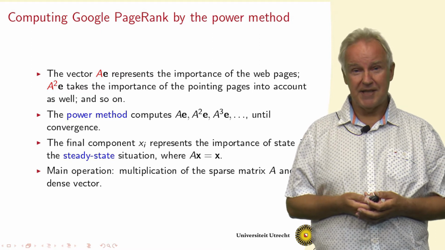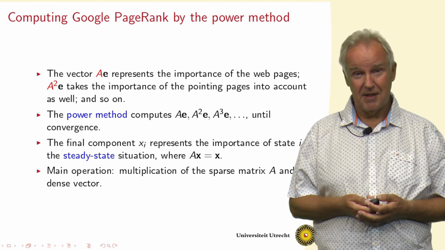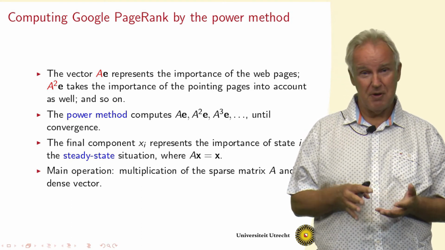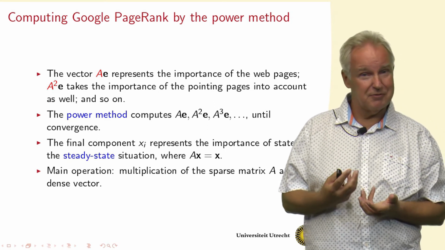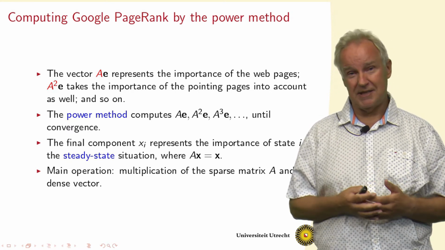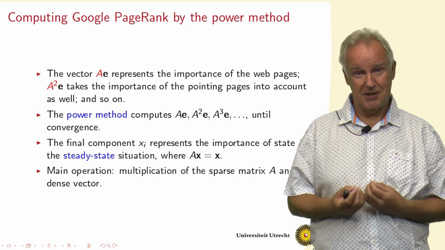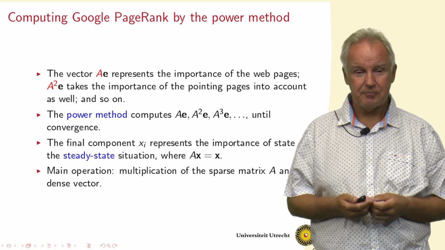So for that, instead of taking A times E, we can take A squared times E. After we have obtained the importance of the web pages, we multiply A again by this vector, and that takes the importance into account when pointing to me.